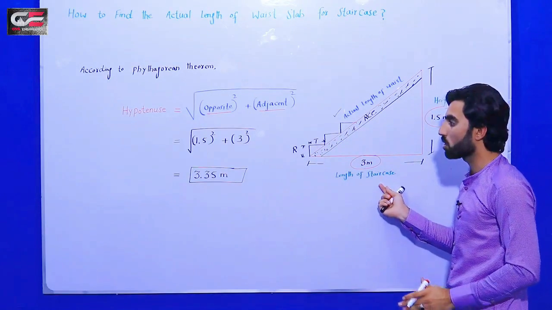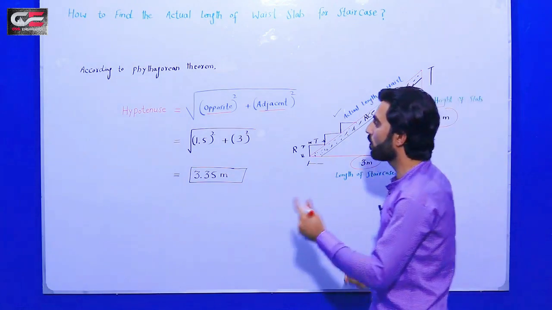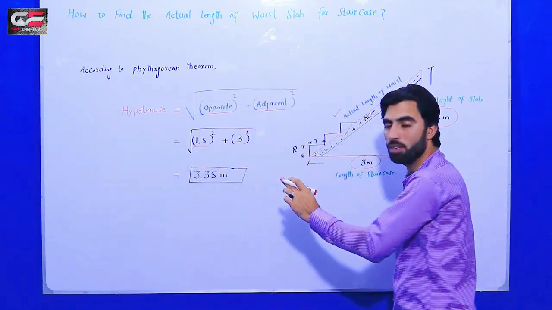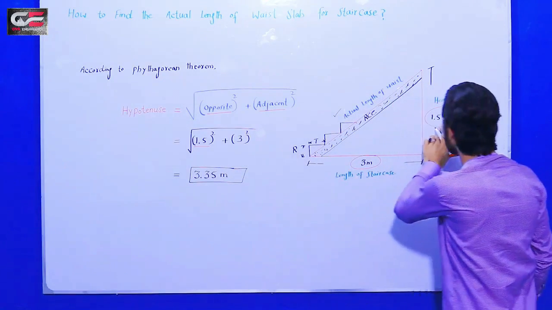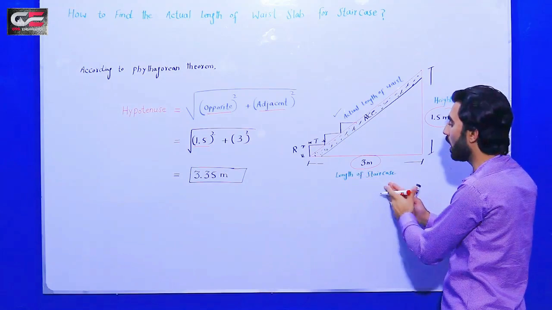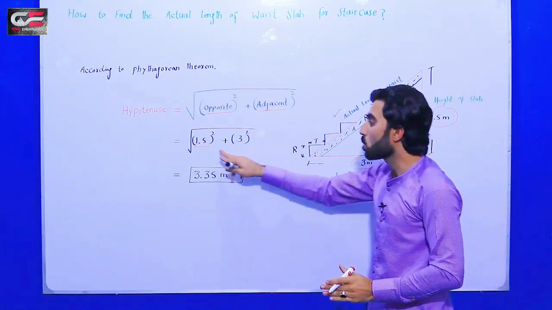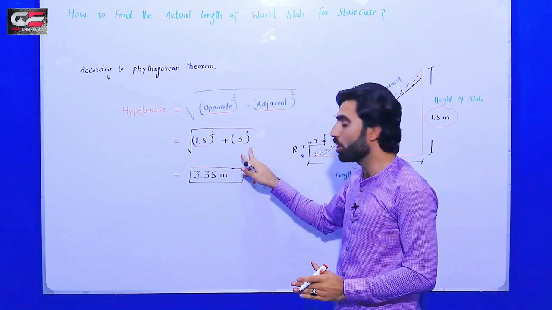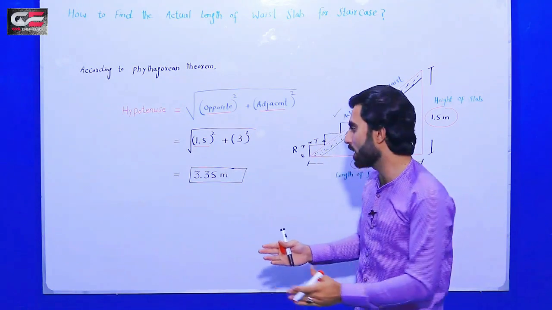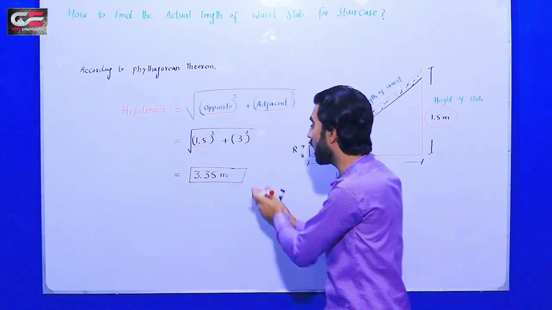So the length of the staircase, the formula is this one: I put in the opposite 1.5 meter plus 3, which is the horizontal length of the staircase. So the square root of 1.5 square plus 3 square. When you do the calculation with the help of a calculator, you will get this value, 3.35 meter.